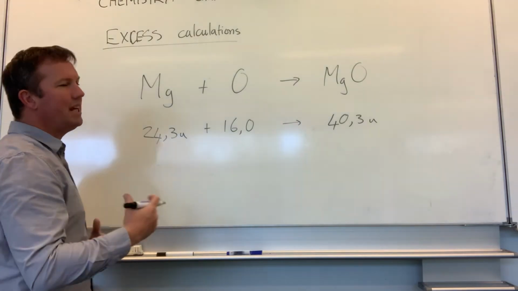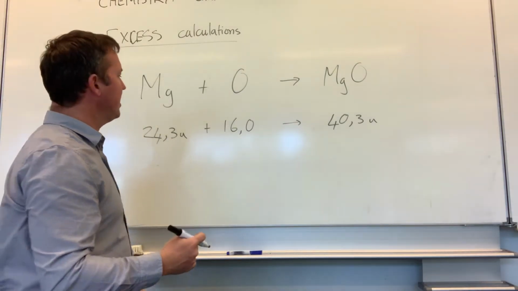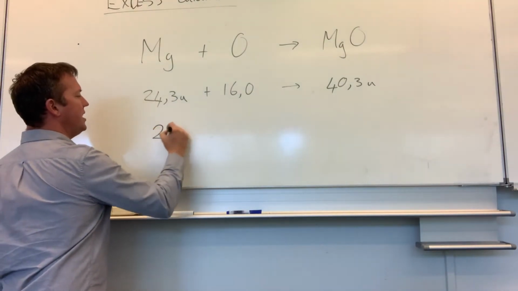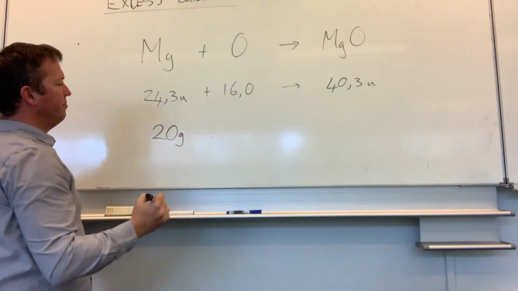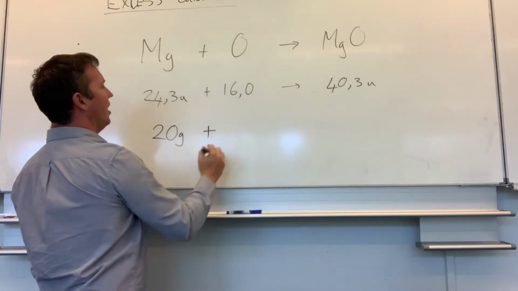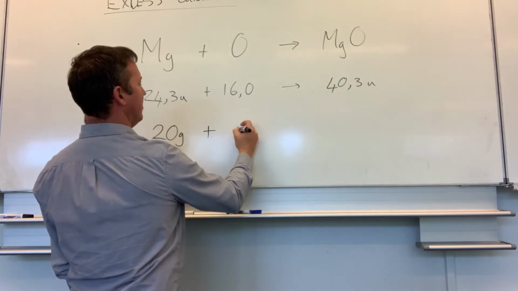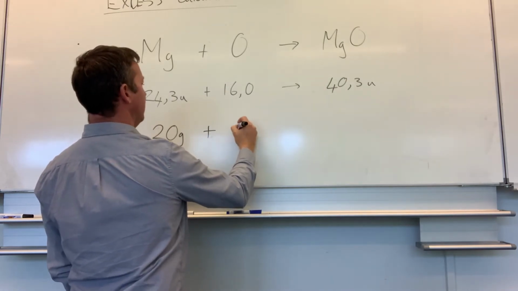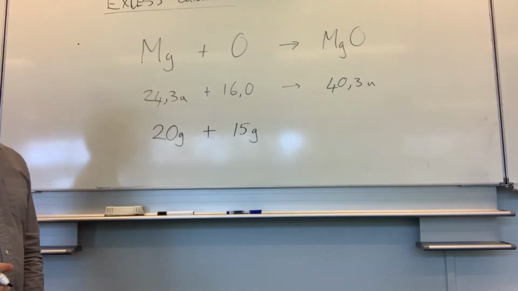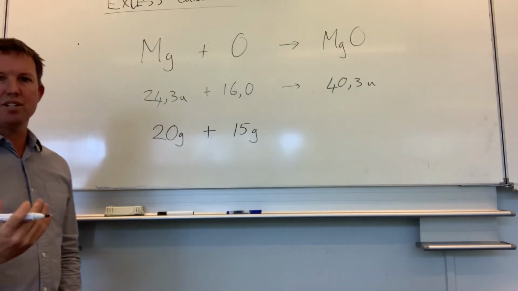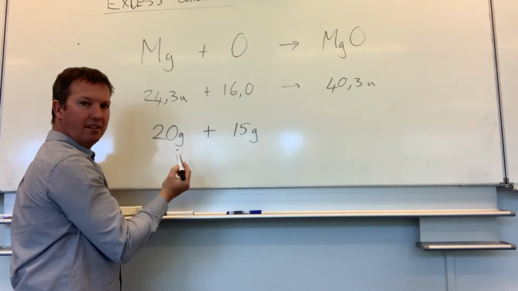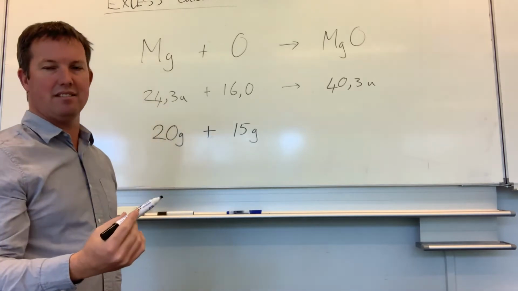Now, if I give you the amounts, so say for example, I have 20 grams of magnesium, and I'm reacting it with 15 grams of oxygen. Now the question is, which one of these will run out when I react these two together, and which one will be in excess?